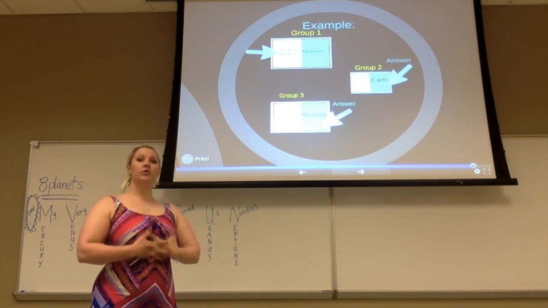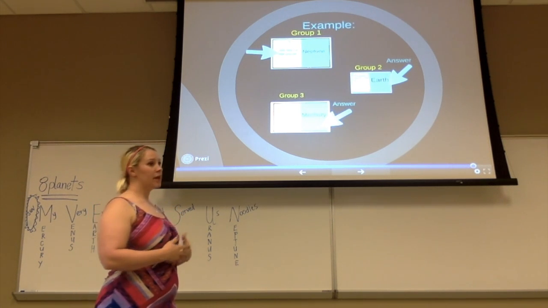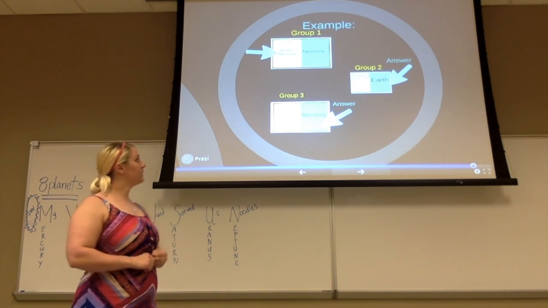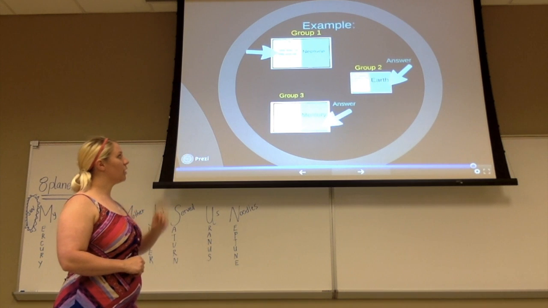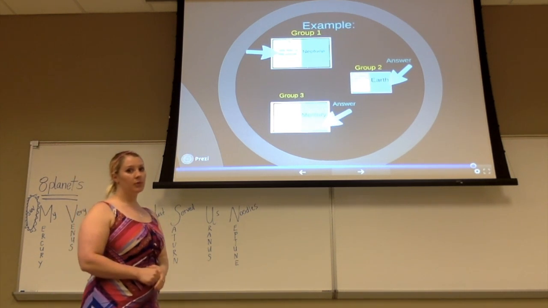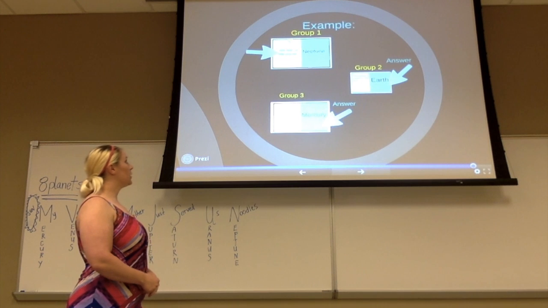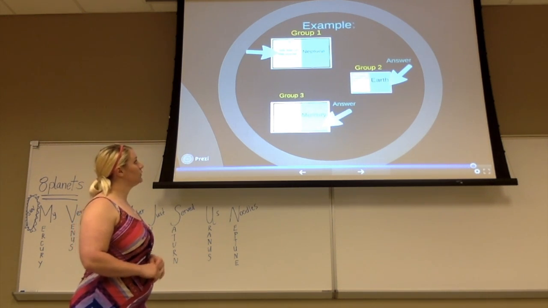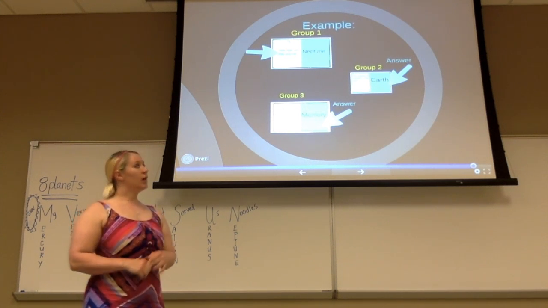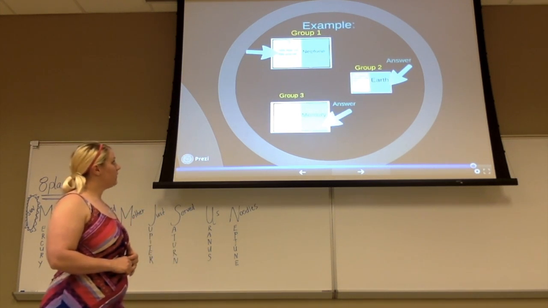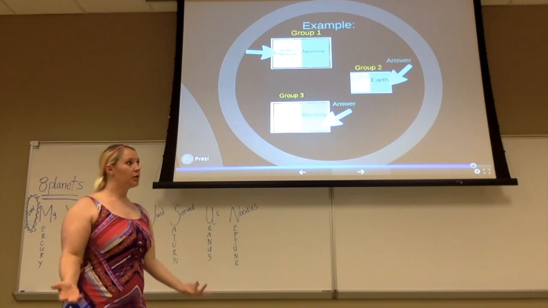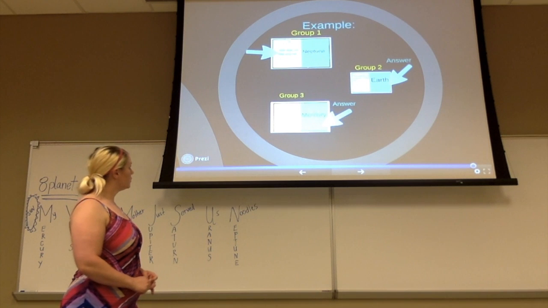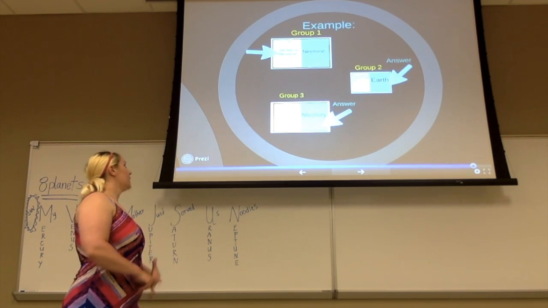Once they have raised their hands and they correctly answer the question, then they are going to read their statement on the white side of their card. So for example, group 2 is going to say, this planet is closest to the sun. And the other group is going to have the answer, which is Mercury. And then that group is going to read their statement, which says, this planet has rings.